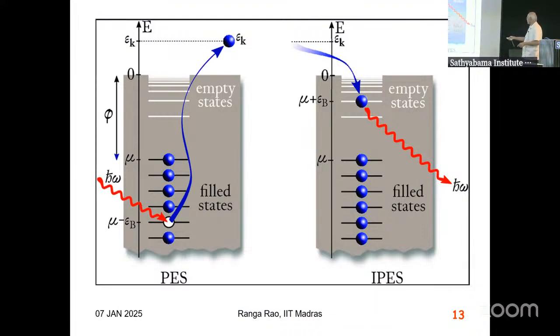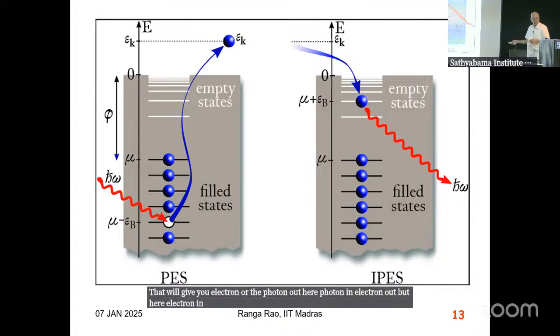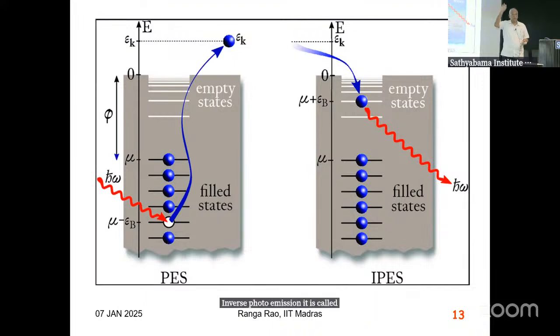That will give you a photon out. Here photon in, electron out, but there electron in, photon out. You can say it is XPS to the power of -1. It is called inverse photoemission. Photoemission is known, but inverse photoemission.